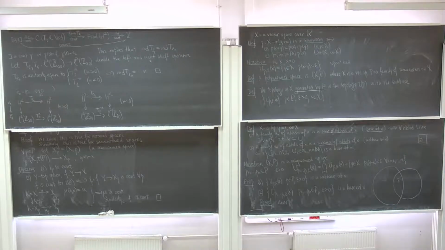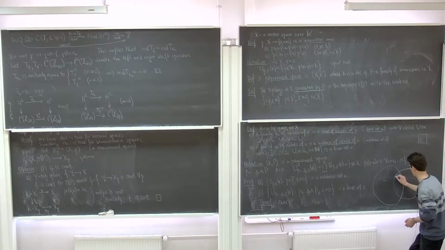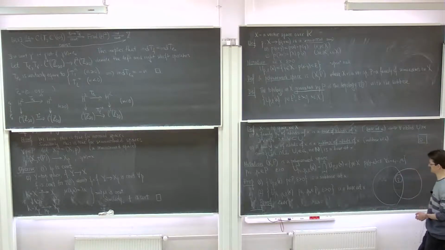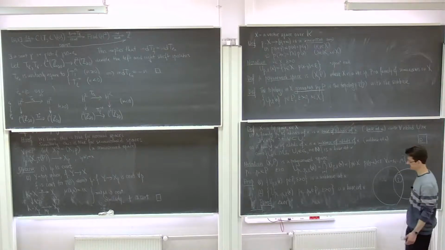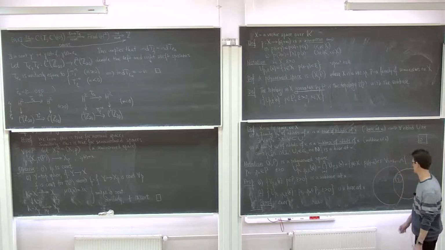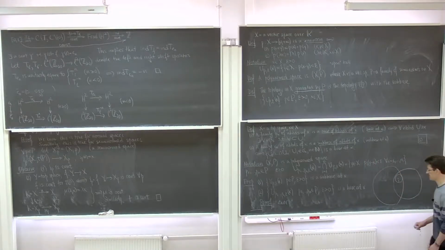But the triangle inequality easily implies that each such finite intersection actually contains an open ball centered at x. So if we use the triangle inequality, we easily get this result. Okay.